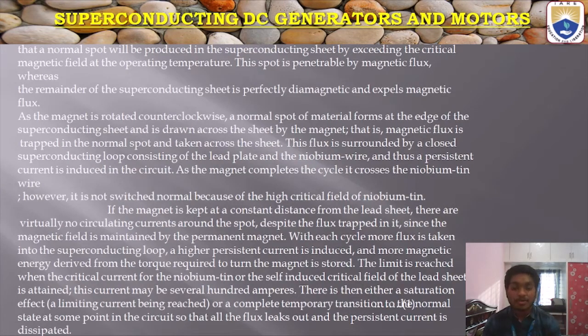There is then either a saturation effect, which is a limiting current being reached, the maximum current that can be reached in the circuit, or a complete temporary transition to the normal state at some point in the circuit, so that all flux leaks out and the persistent current is dissipated.